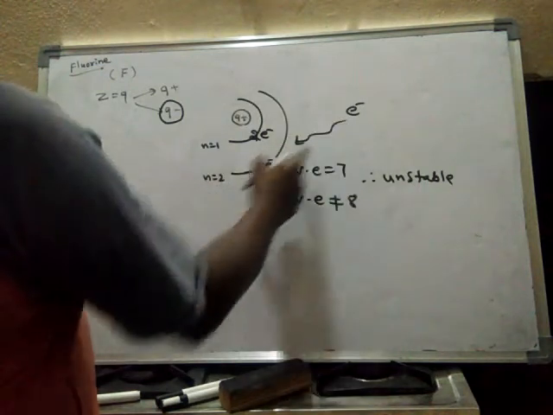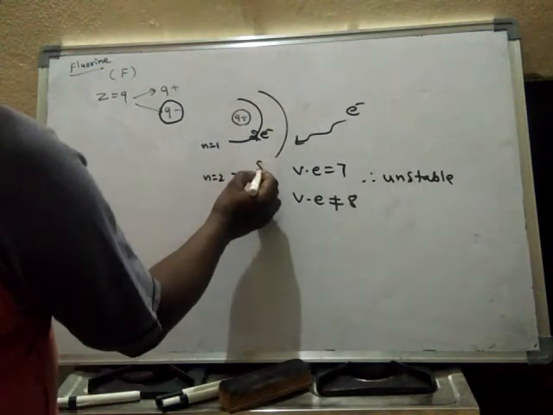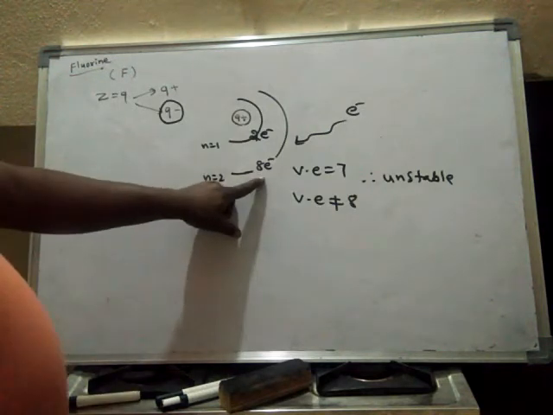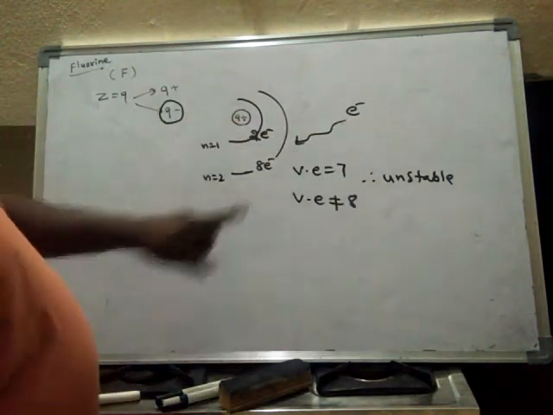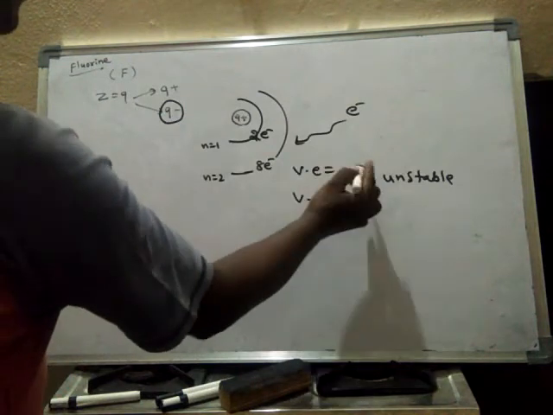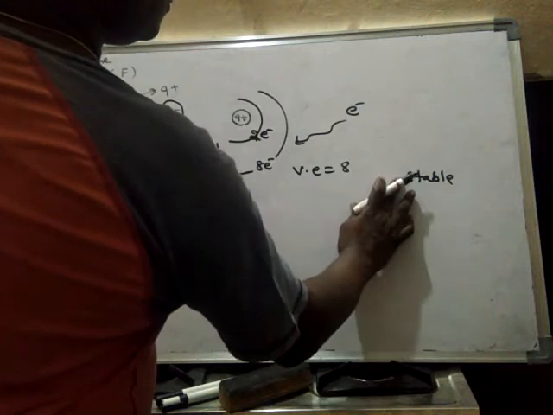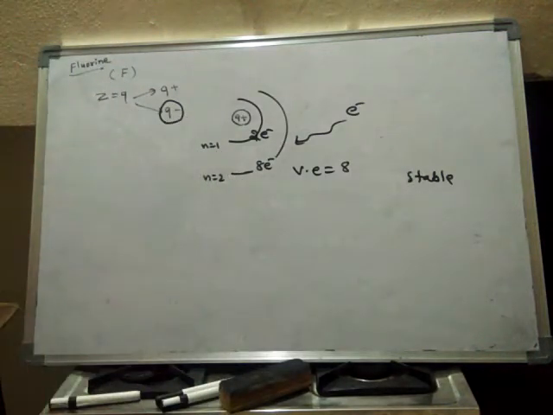So after adding this electron, there will be 8 electrons. How many valence electrons are there then? The valence electrons will become 8, and then it will become stable.